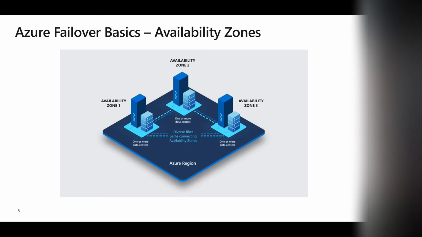So if you are deploying your application, let's say a VM scale set or a set of VMs, and you make it zone redundant or deploy in different availability zones intentionally, then your application will still be running. Though it may not have all the VMs there, it will still be functional.